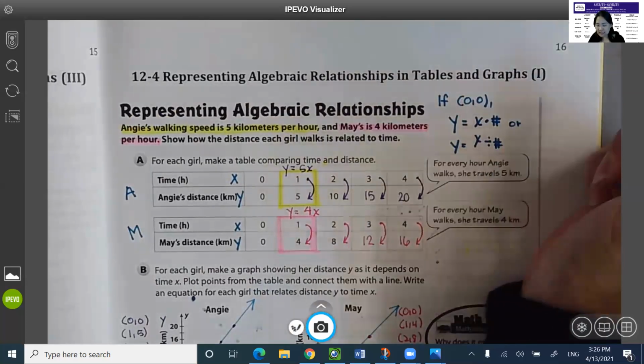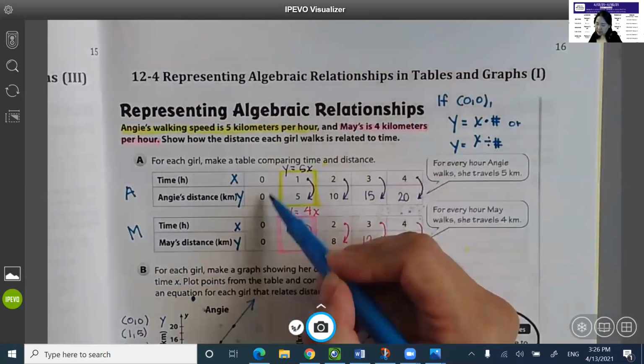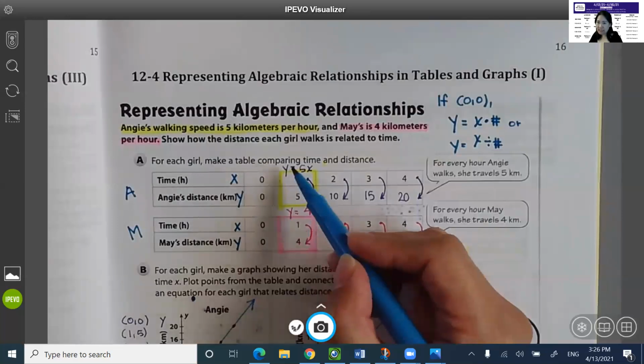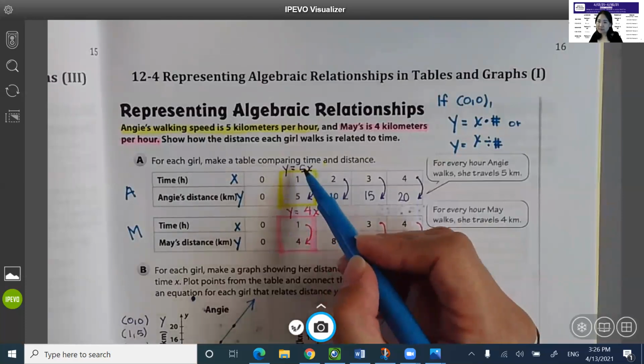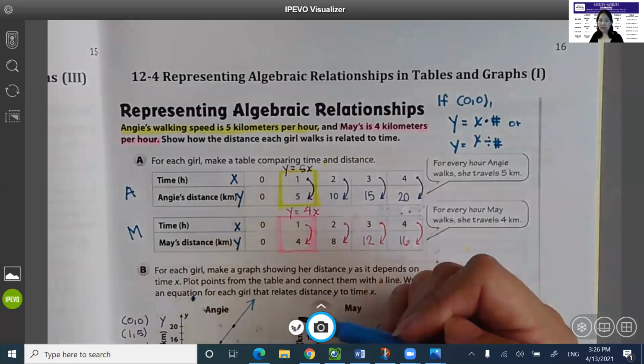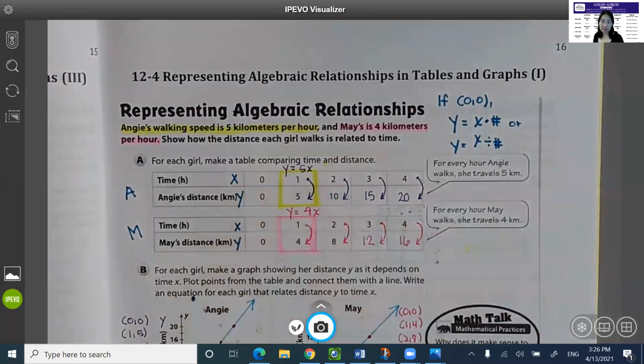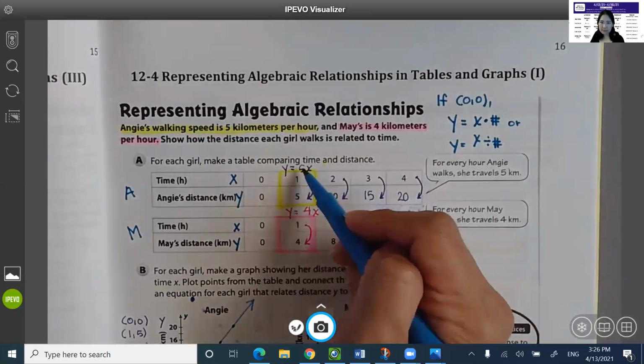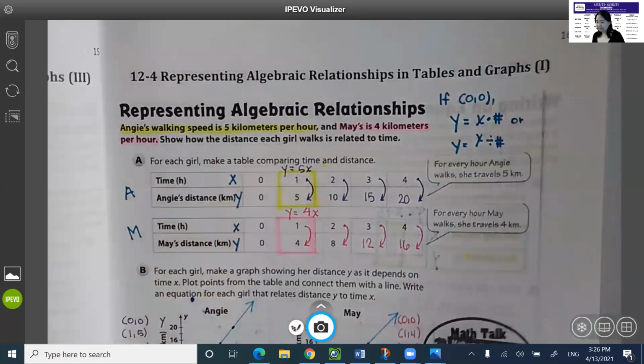What I'm saying is, if your x and y values are 0, 0, your equation is gonna be either y equals x times a number, or y equals x divided by a number, okay? In this case, they were both times, okay? And it doesn't matter whether you say x times a number or a number times x, okay?